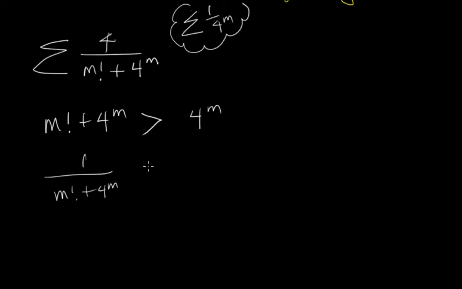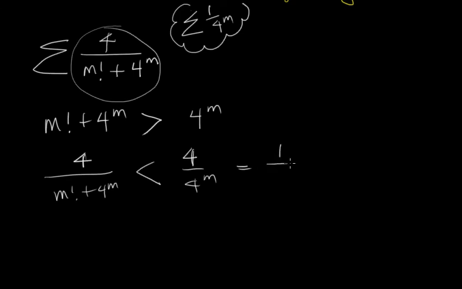So 1 over m factorial plus 4 to the m is less than 1 over 4 to the m. And I don't quite have what I want there, but I can just multiply by 4 on both sides, and I get 4 and 4 here. And that's equal to 1 over 4 to the m minus 1.